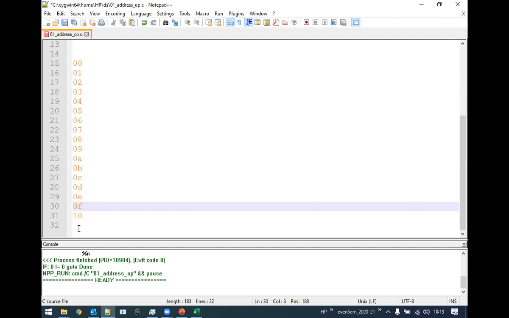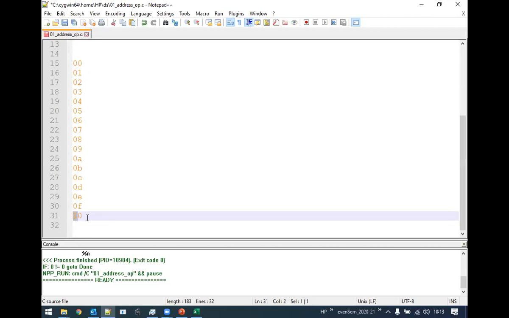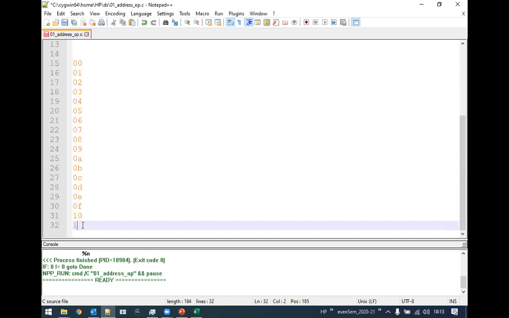The next number I can make is a pair of 2 digits, wherein the first digit will be, after 0, 1. So 1 I have taken, followed by 0. So the next numbers are going to be 1 1, 1 2, 1 3, right? It will proceed further till where? 1 F.